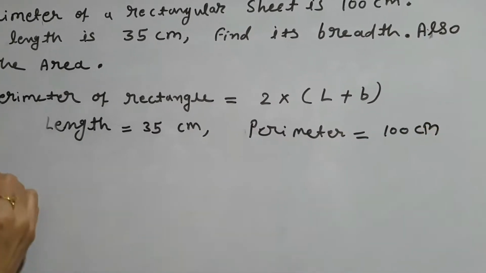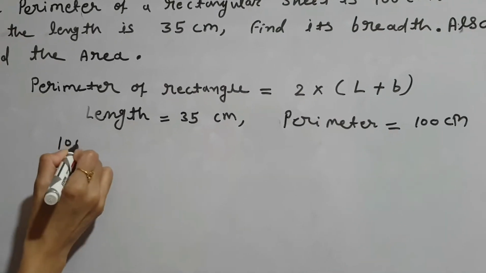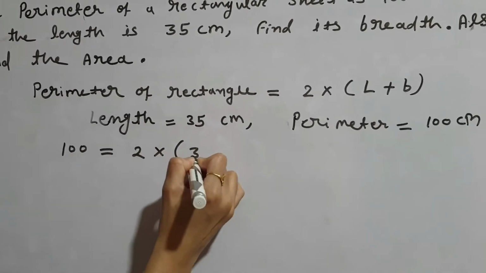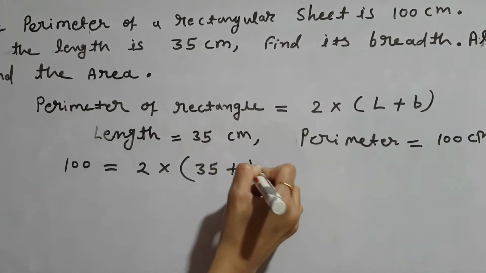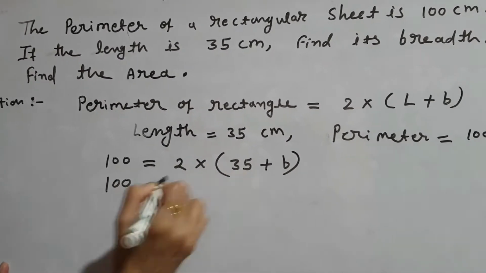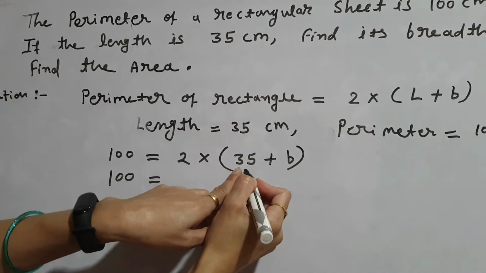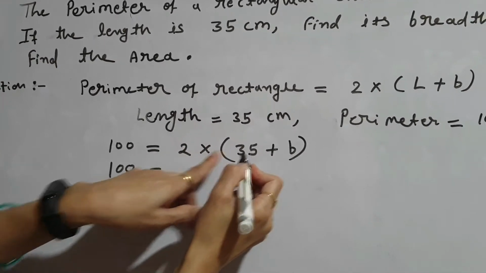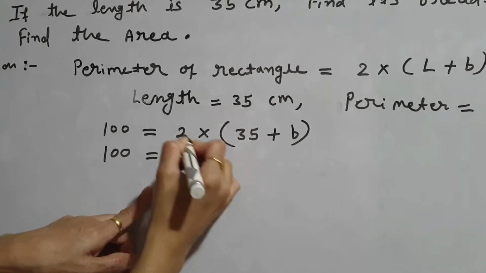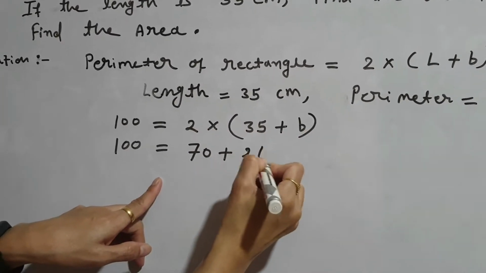Now we put the value here: 100 equals 2 multiplied by (35 plus b). Now solve. This is the distributive law. So 2 multiplied by 35 will be 70, plus 2 multiplied by b.